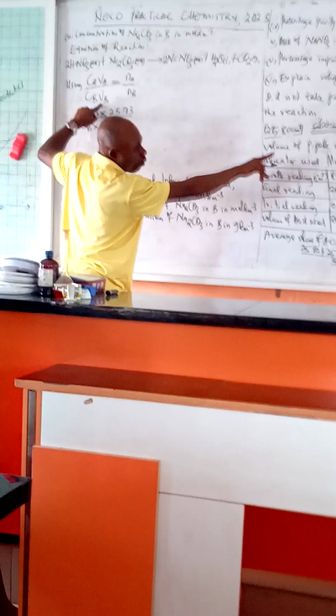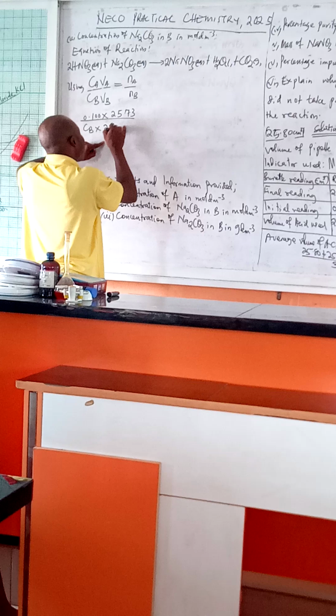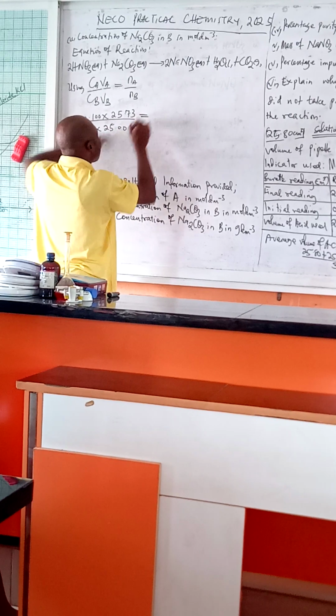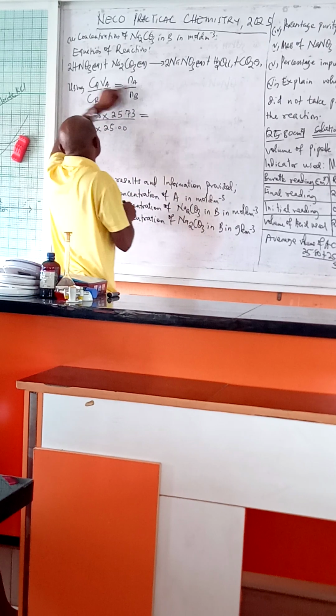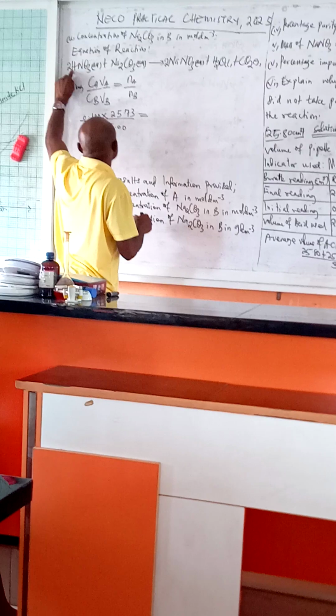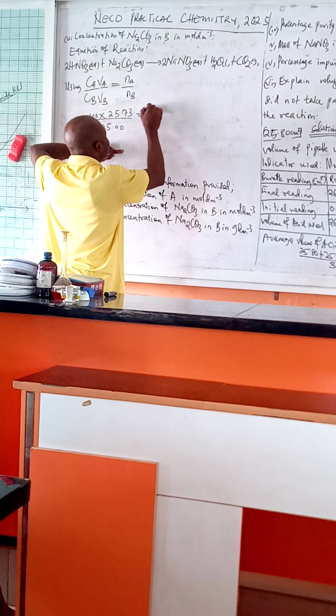Vb is the volume of pipette used, that's 25.00. This equals the number of moles of the acid from the stoichiometry of the balanced chemical equation, which is 2.